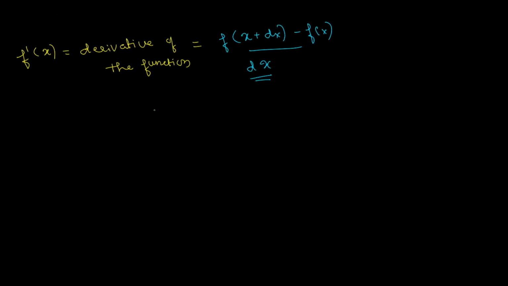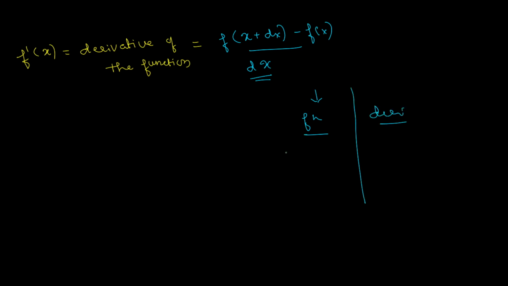Right now, if you've already been taught derivatives somewhere, then you must have had a table that all of us teachers end up giving you. Over here, in one column we'll give the function, and in the other column we'll give its derivative.